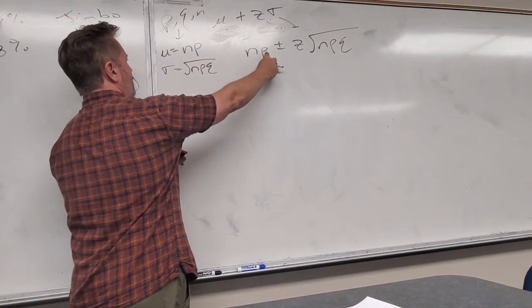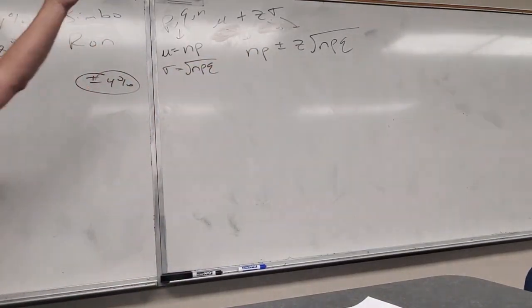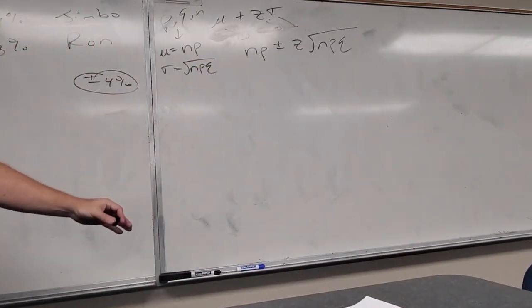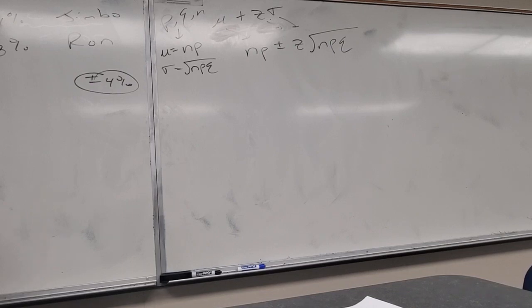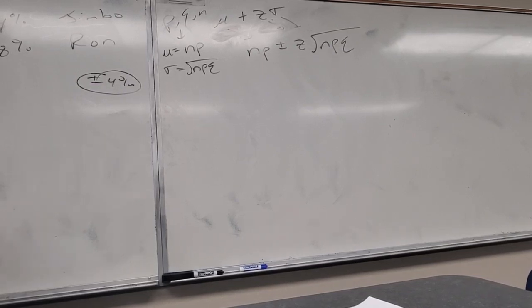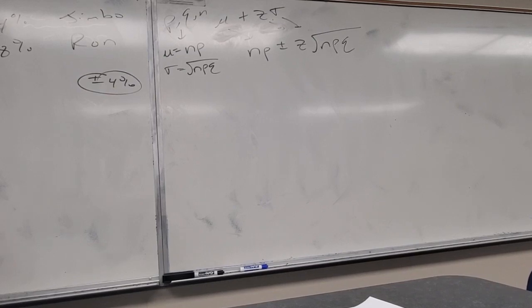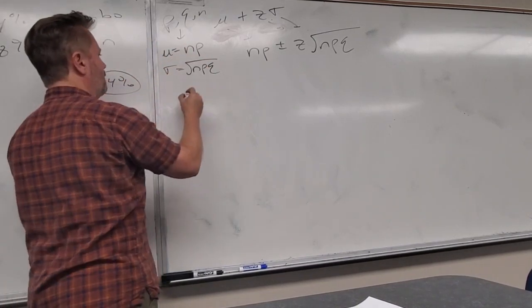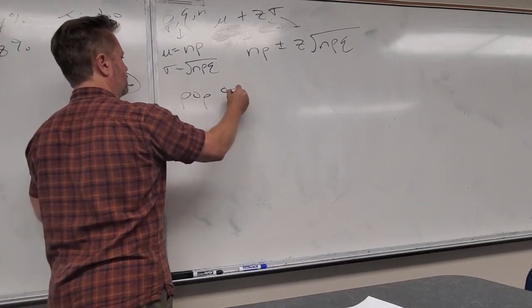I am not going to have that, am I? I'm not going to know the percentage of everybody who wants to vote for Jimbo, right? So what's the symbol for population mean? Mu. What's the symbol for sample mean? X bar. So what's the symbol for population percentage?